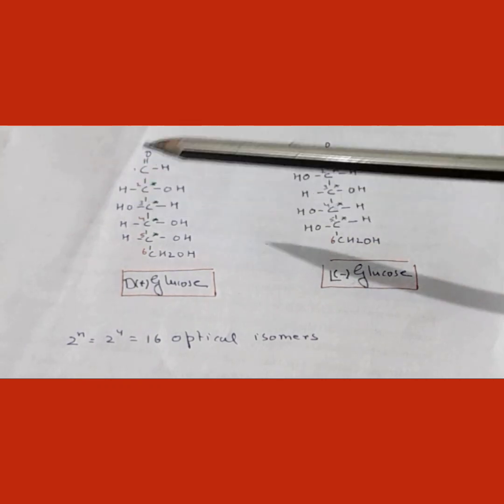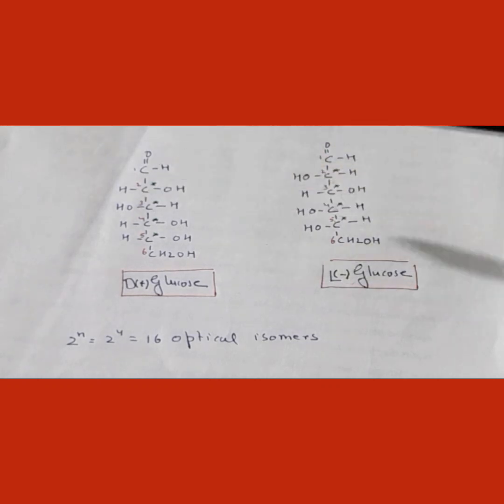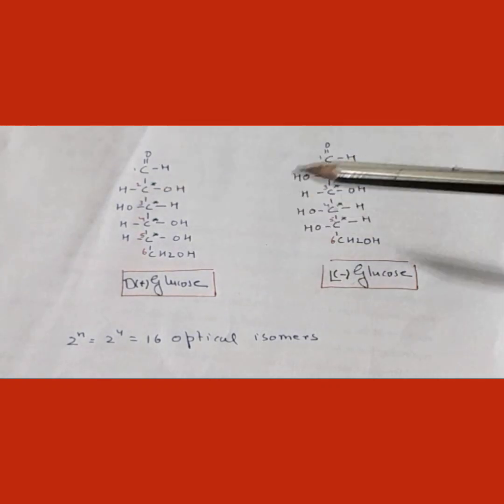That is the proof for isomers. So these two are diastereomers of each other if we draw a mirror from here.